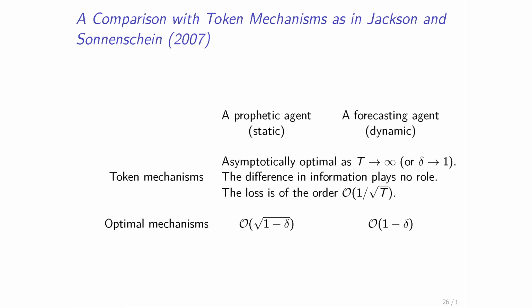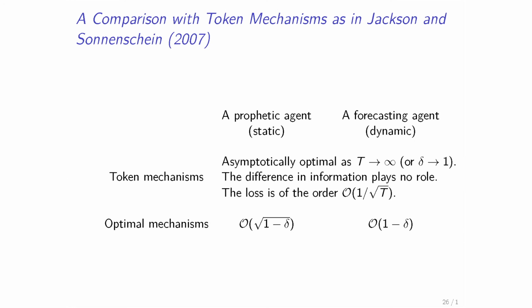But in our environment, with a forecaster, the rate of efficiency loss is linear in 1 minus delta. So we only lose the information rent in the first period in our environment as delta goes to 1. So if you want to use a token mechanism, I would say it would not lead to a very large fraction of efficiency loss when facing a prophet.